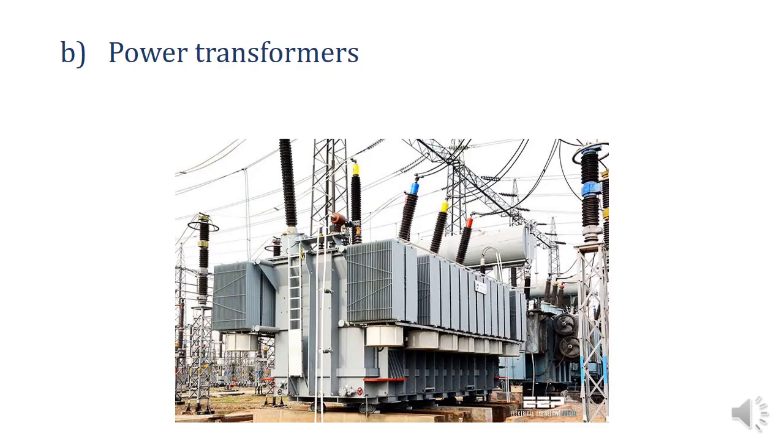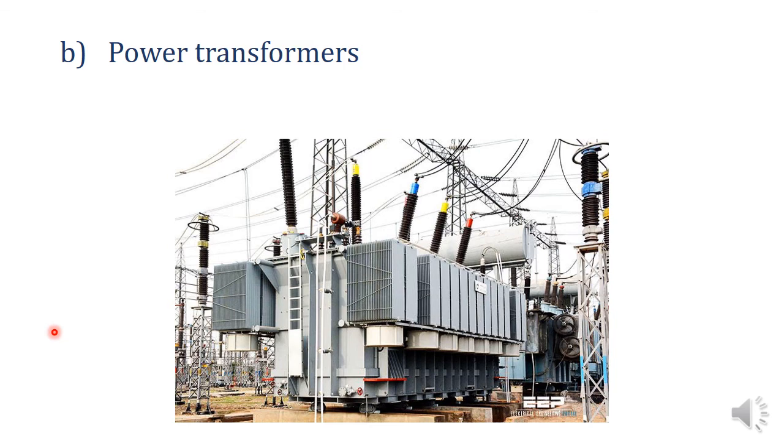The next category is power transformers. While distribution transformers have a rating below 500 kVA, the power transformers have a power rating above 500 kVA. They are used in generating stations and substations in order to step up or step down the transmission voltage.